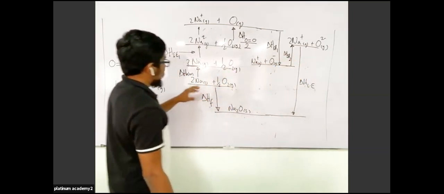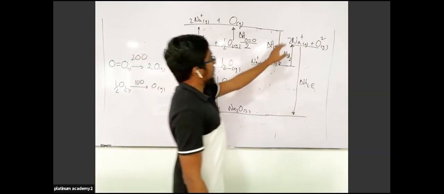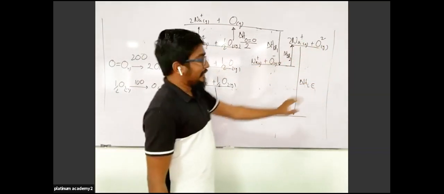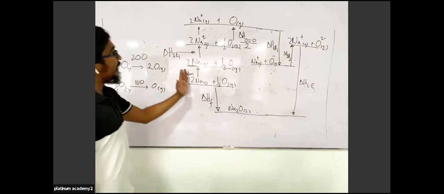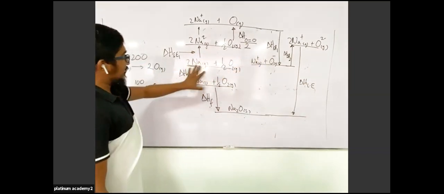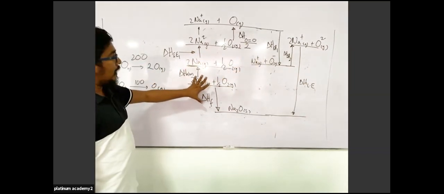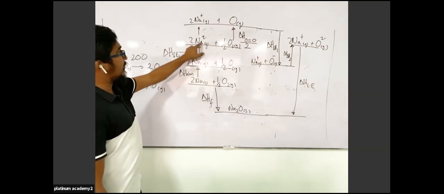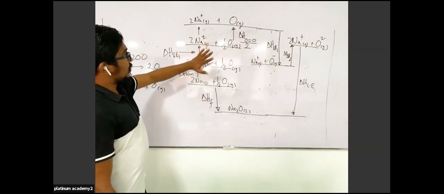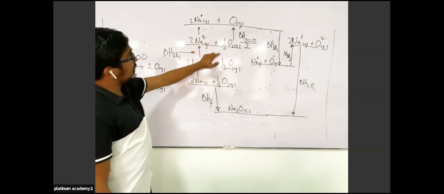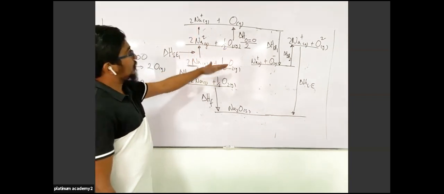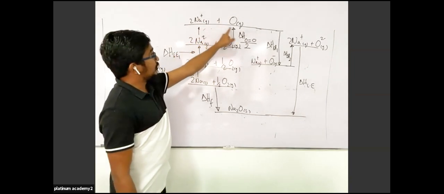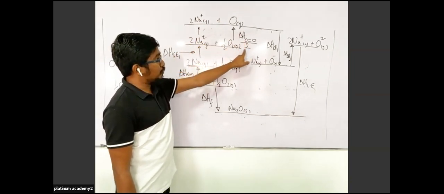So I put the elements, balanced the equation. I put the gaseous ions, balanced the equation. Then my target was to go from here to there. First I took sodium solid and made gaseous atoms, two of them. Then first ionization, so I'm done with sodium. Then I took oxygen, made one atom, so that's bond enthalpy divided by 2.